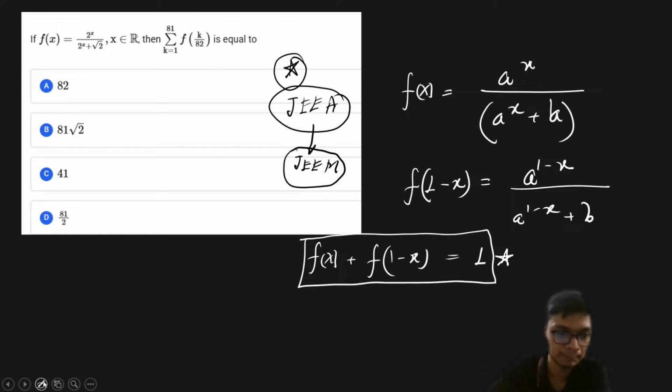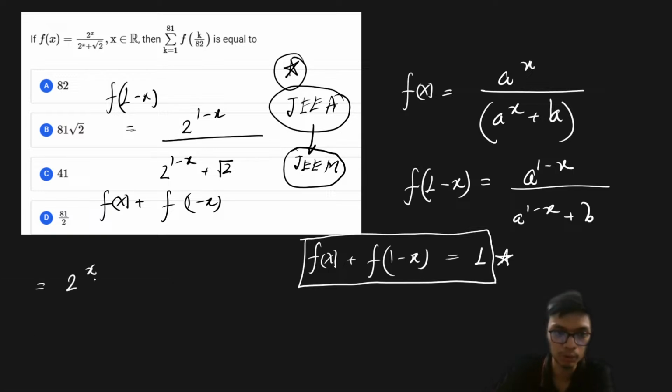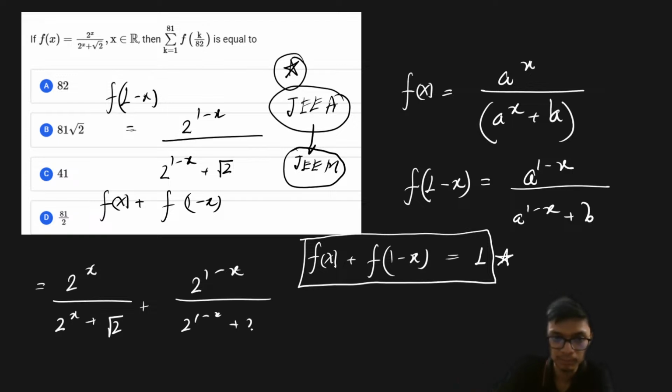So over here, the function value at 1 minus x is going to be equal to 2 to the power 1 minus x divided by 2 to the power 1 minus x plus square root of 2. And if you find the summation of f of x plus f of 1 minus x, this value is going to be equal to 2 to the power x divided by 2 to the power x plus square root of 2 plus 2 to the power 1 minus x divided by 2 to the power 1 minus x plus square root of 2.